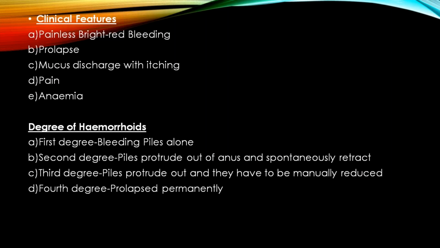In first degree, when you put a proctoscope inside the anal canal and rectum, you can see only piles and the patient has bleeding, that's all. Nothing will be seen externally. The patient complains of just bleeding, but with the proctoscope you see only piles, not protruding outside. Whereas in second degree, the piles protrude out of the anus and spontaneously retract.